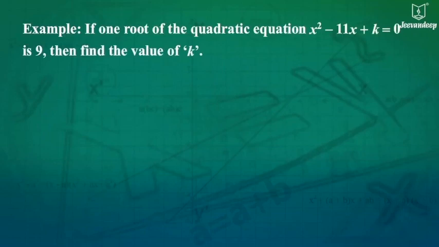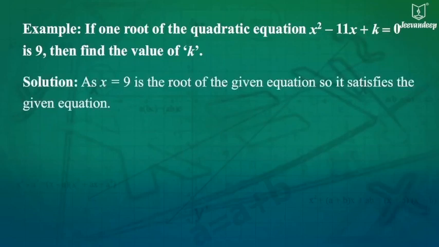Example: if one root of the quadratic equation x square minus 11x plus k equals 0 is 9, then find the value of k. As x equals 9 is the root of the given equation, it satisfies the given equation.